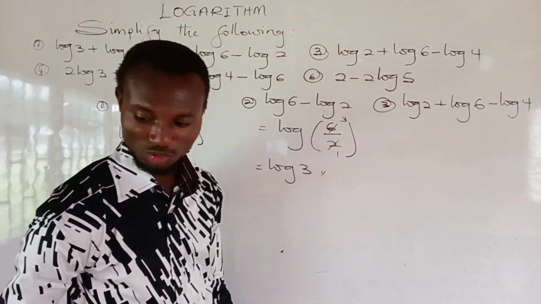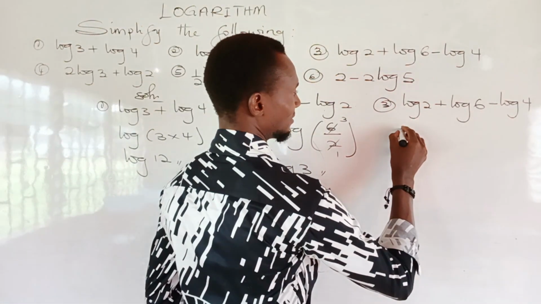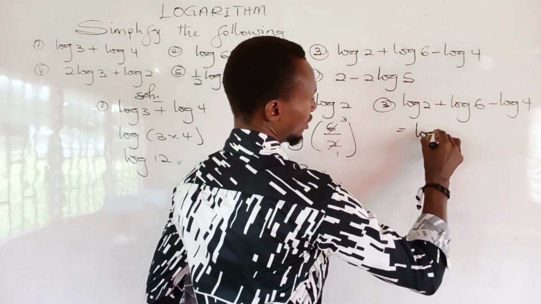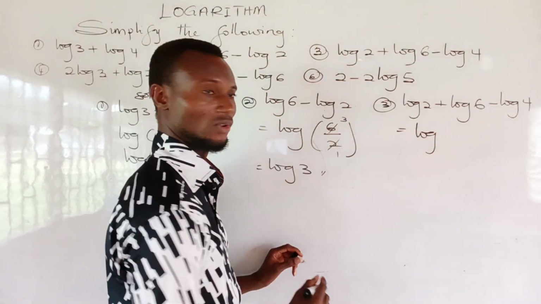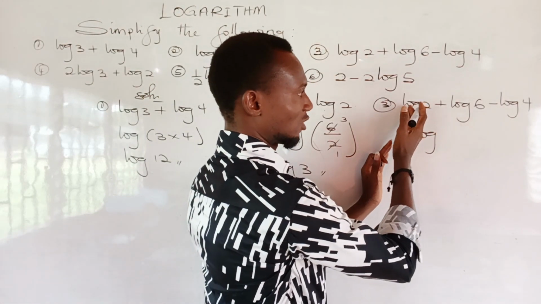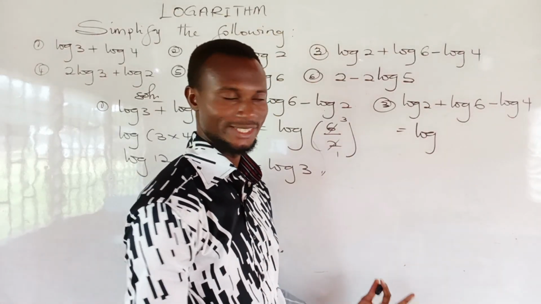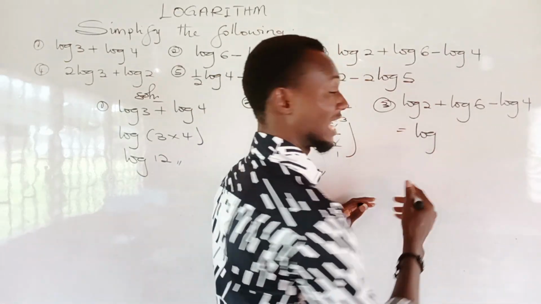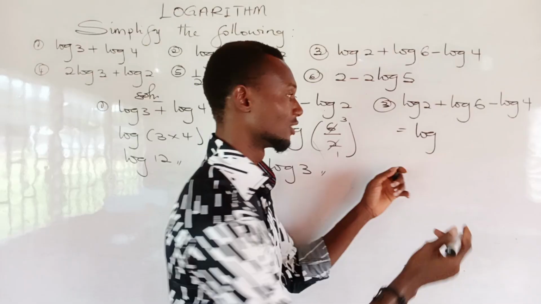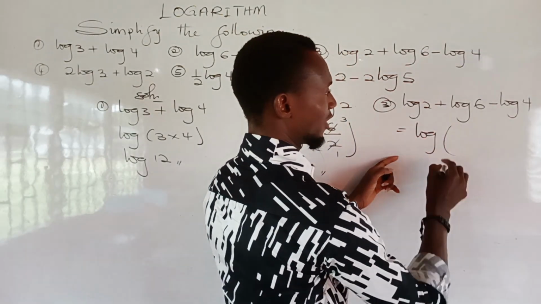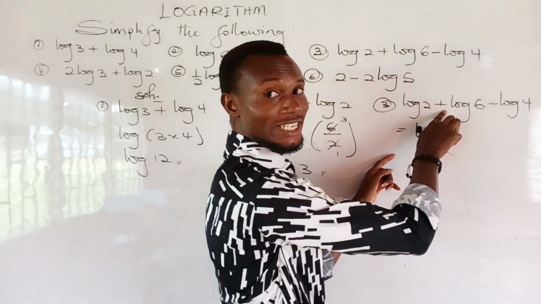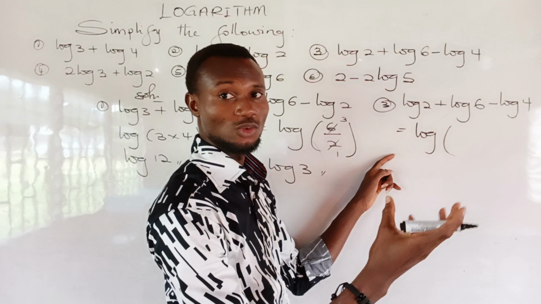So all that you need to do is to just bring your log out of them. Okay, so there's log here, there's log here, there's log here. You just need to write one of it. Then you go ahead and apply the rule to the numbers. So I have in brackets, seeing addition here, we have to write it as what?